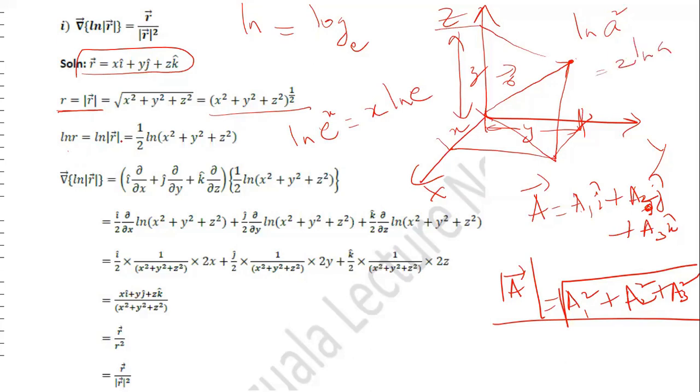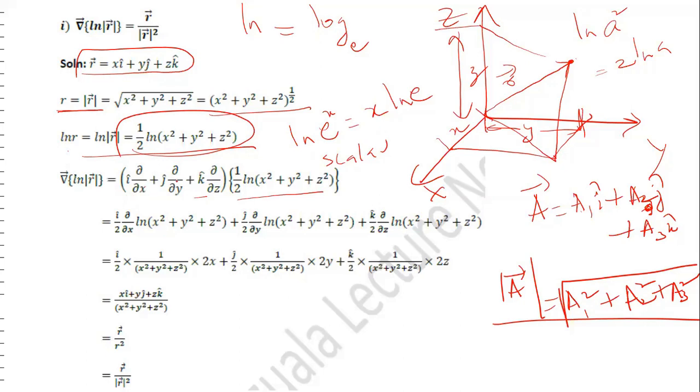So I hope you know this logarithm formula. If you look at ln of the magnitude of this r vector, this quantity is scalar. There is no vector sign here. So you take the gradient of the scalar quantity, the del operator operating on this scalar quantity.